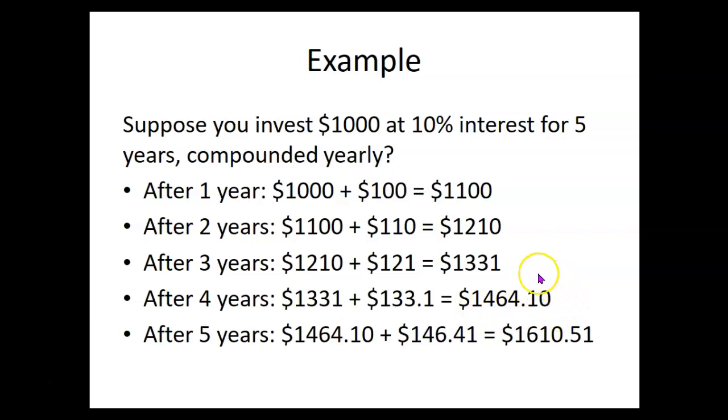And for the fifth year, you earn 10% of that. So that gets added on and brings you up to $1,610.51. So remember, with simple interest, you ended up with $1,500 at the end of 5 years. With compound interest, you end up with $1,610.51.